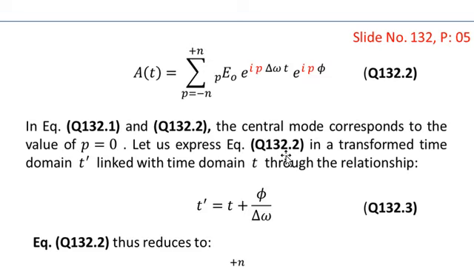Let us express equation number 2 in a transformed time domain t prime linked with the time domain parameter t through the relationship.